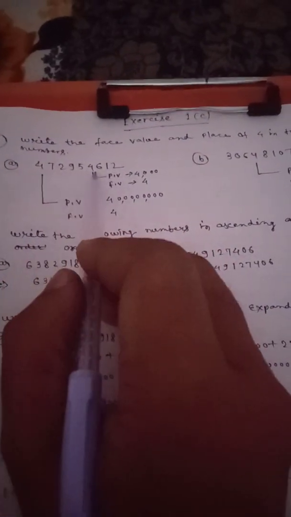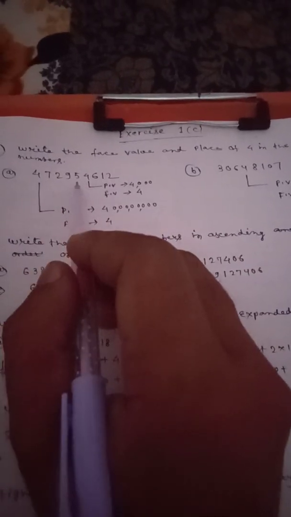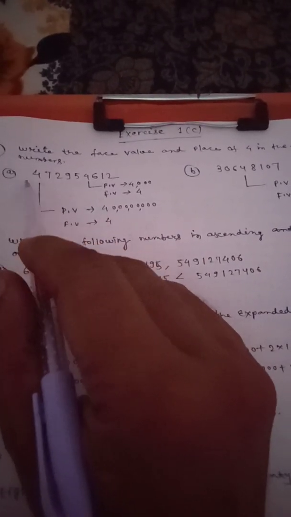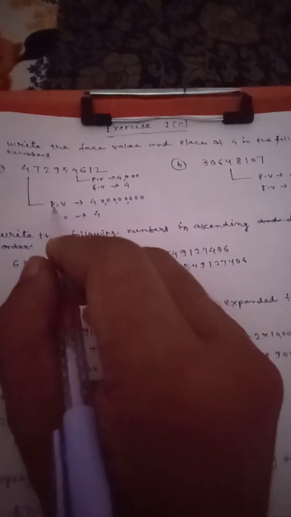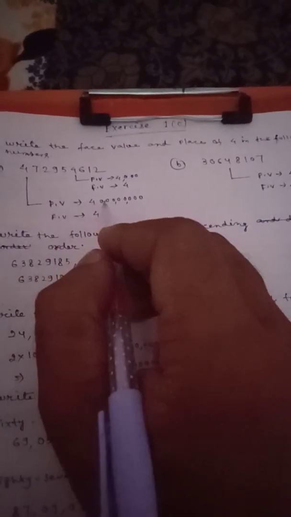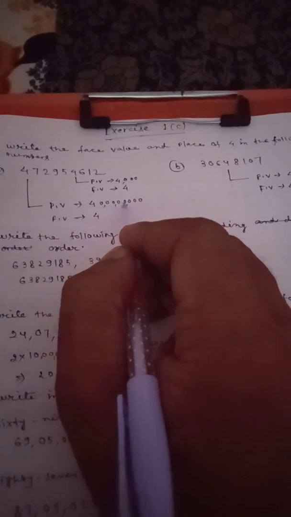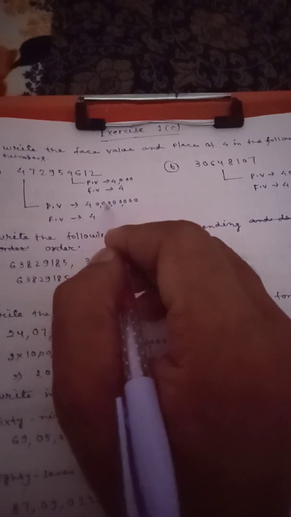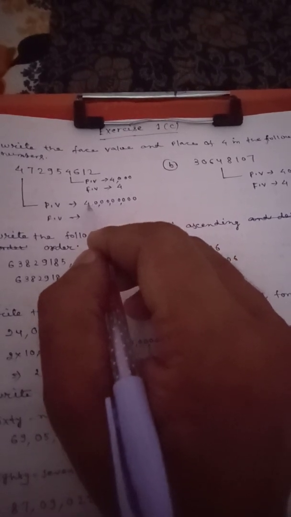Now write the face value and place value of 4 in the following numbers. In the first number there are two 4s.